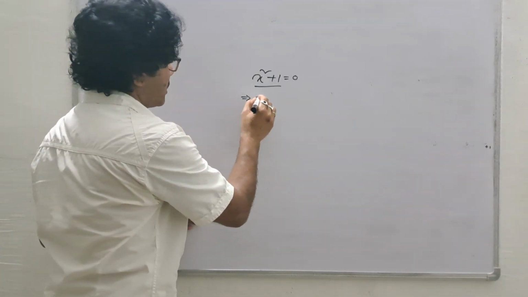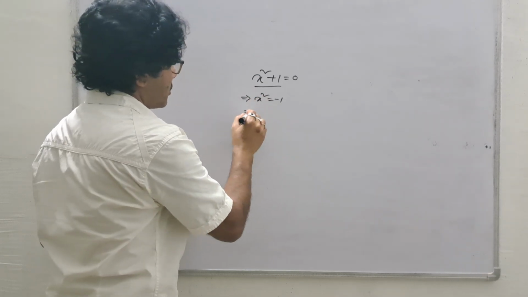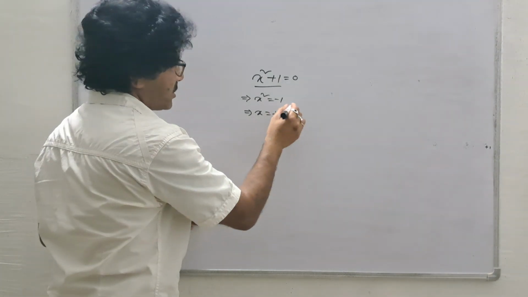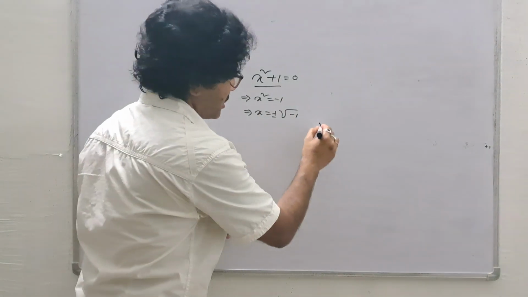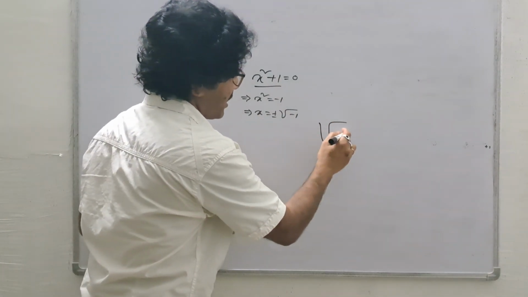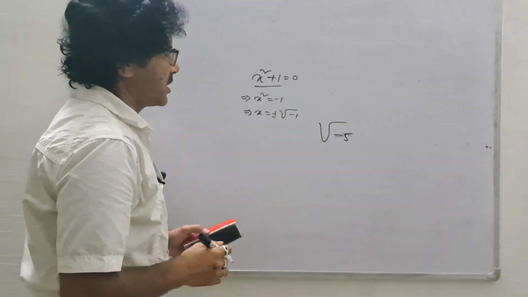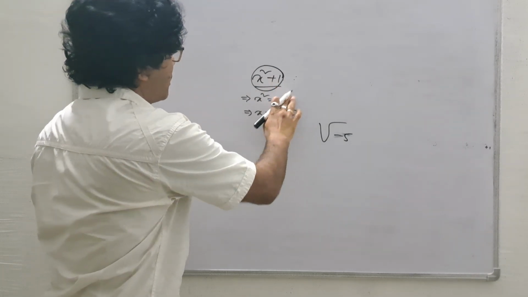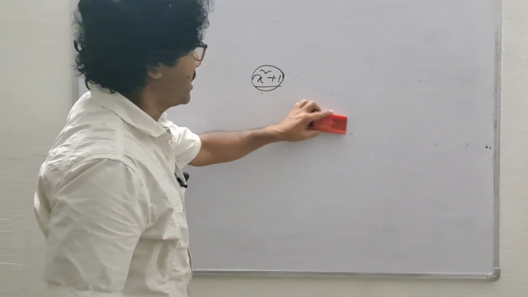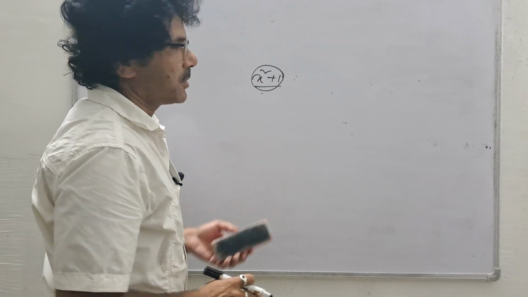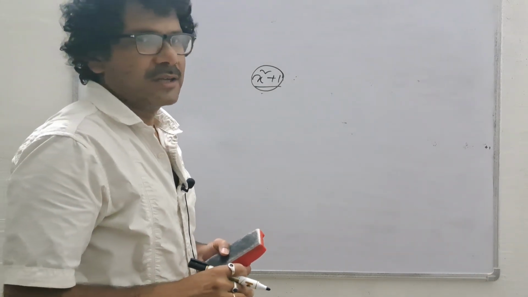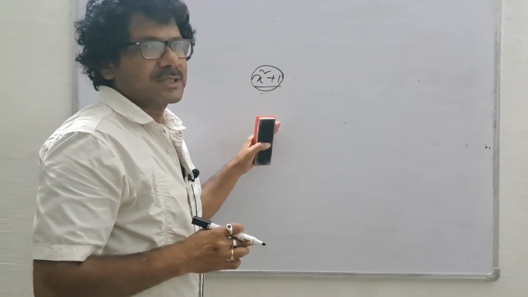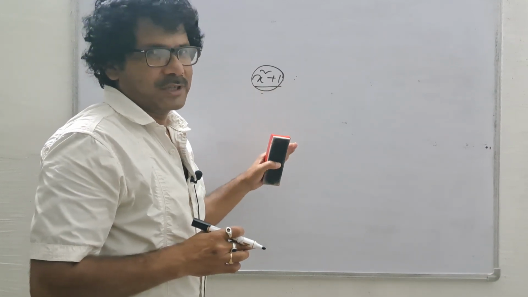So x squared is equal to minus 1, so x is equal to plus minus the square root of minus 1, which is not a real number. The square root of any negative number, like -5 or -6, is not a real number. So the zeros of this polynomial are not real, and since the zeros are not real, the graph of this polynomial cannot intersect the x-axis at any point.